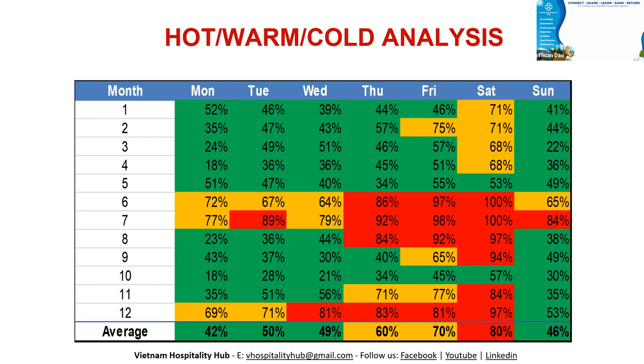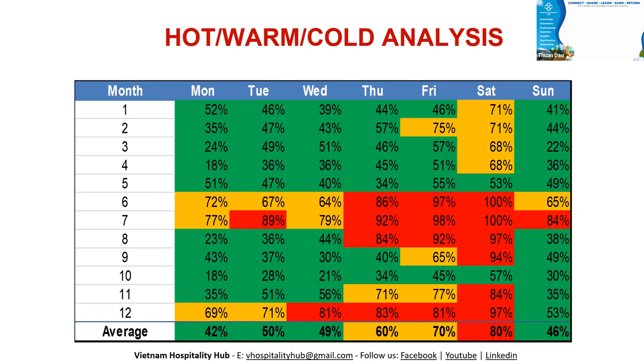June, July, the whole month is red and orange. So very peak period. All right, so this is very high demand. August, we see Thursday, Friday, and Saturday, very high. All right, September, October, November, December, it depends. You see December is also a very high month, except the Sunday.